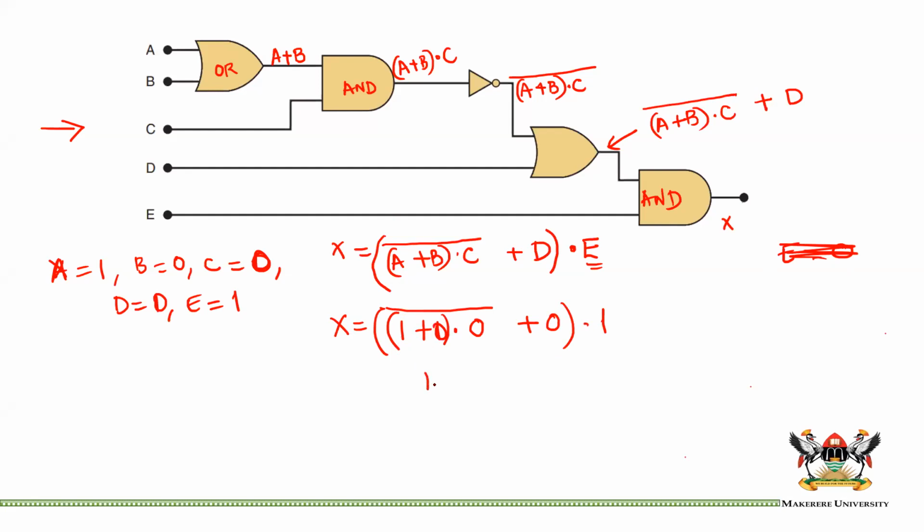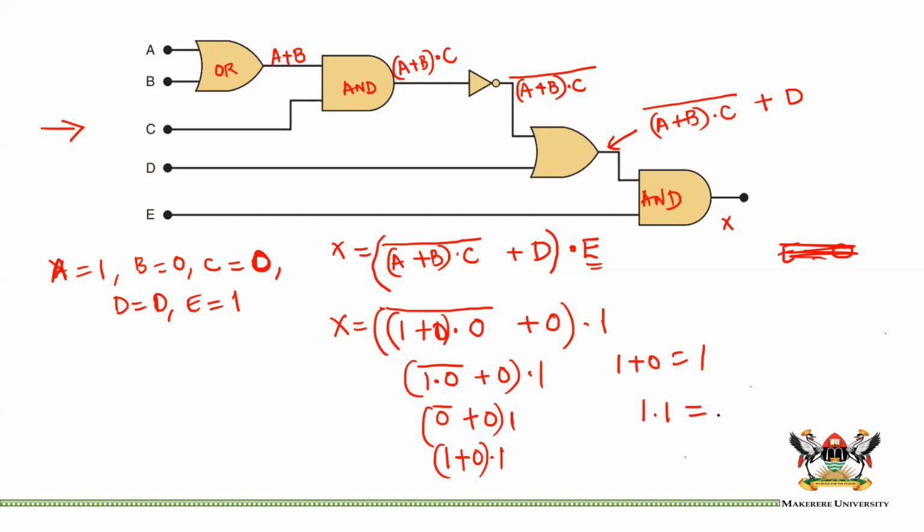So that is going to be 1 and 0, and this is inverted, or 0 and 1. And then 1 and 0 is 0, so it's 0 inverted, or 0 and 1. 0 inverted is a 1, or 0 and 1. 1 or 0 is 1, so you end up with 1 and 1, giving you a 1.